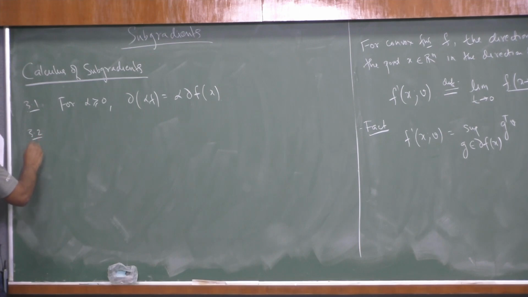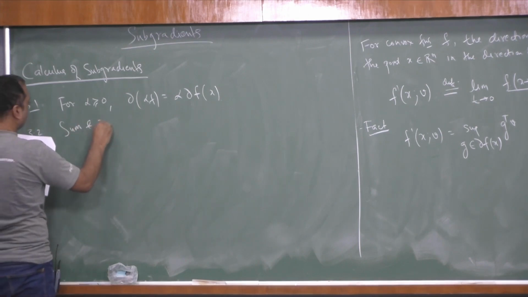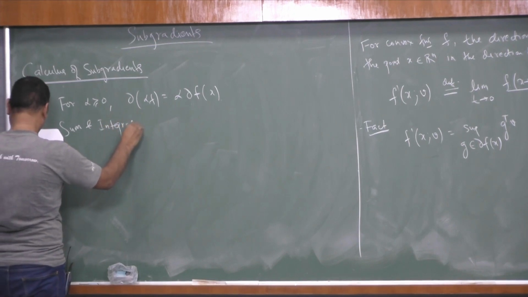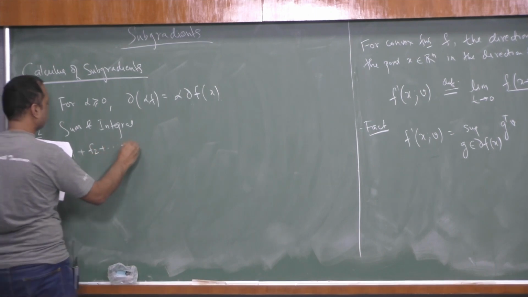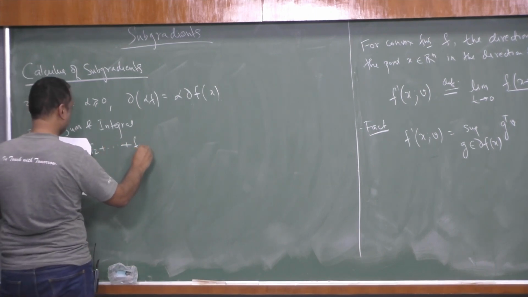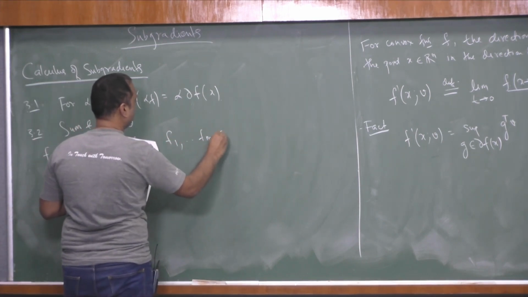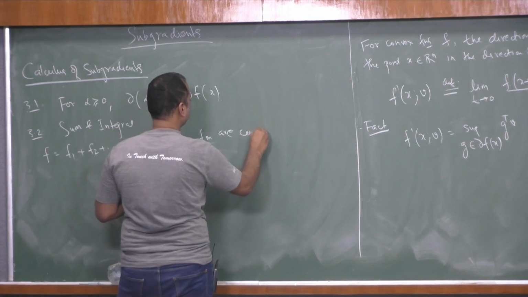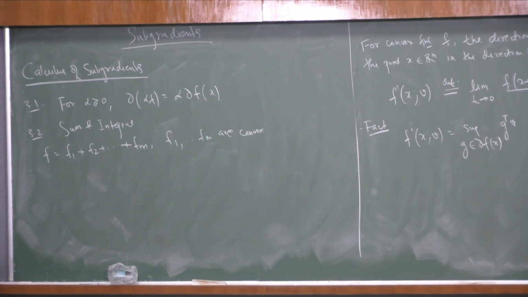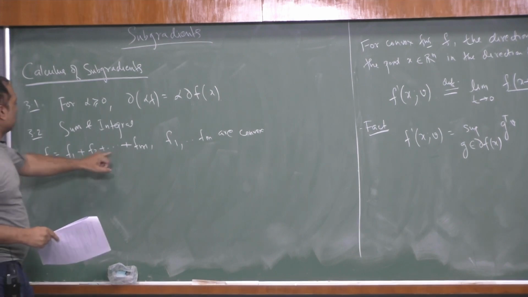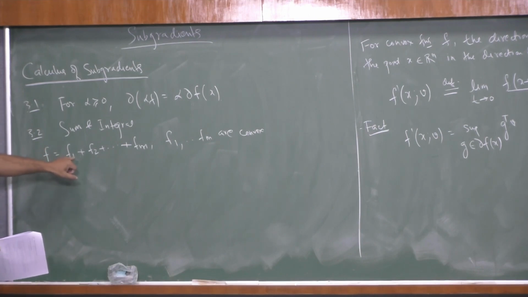Then sum and integral. If f happens to be f1 plus f2 plus dot dot dot plus fm, and f1 through fm are convex, it is important to note that the subdifferential of f will be the sum of the subdifferentials.